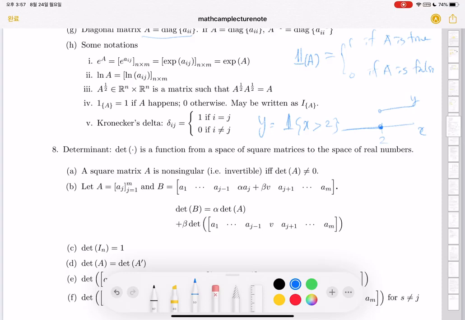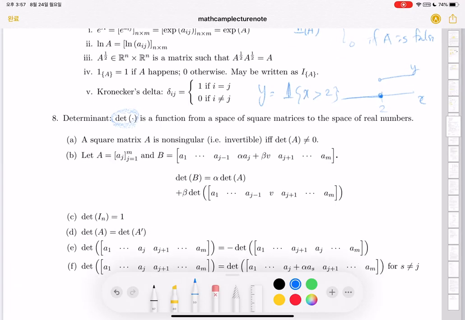In matrices, there's a very important operation called the determinant. The determinant maps a square matrix to a scalar value. So the determinant is defined only for square matrices.